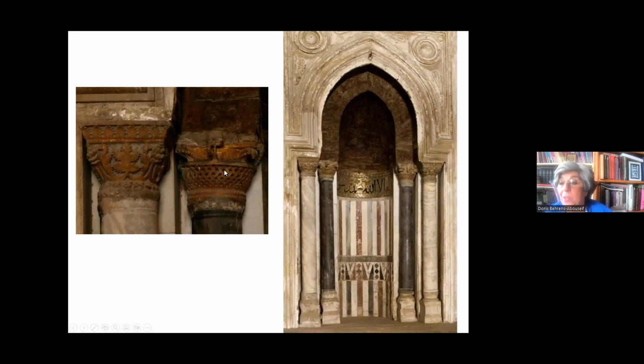Apparently, the builder or the master builder may have been Christian, because a legend says he built the mosque without using any building material taken from churches, except just the two pair of columns here. In fact, the mosque was built without columns because it is like the one in Iraq, which was also built without columns. So there is already, even when copying an imperial model in the province, still a little signature of local identity.